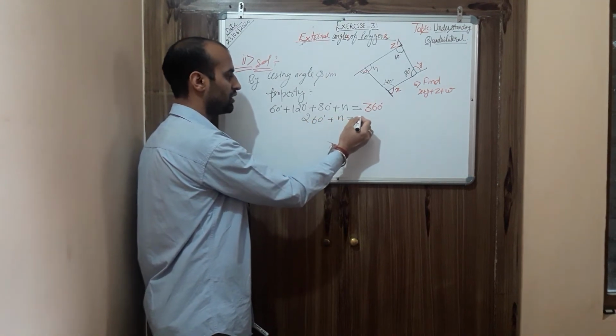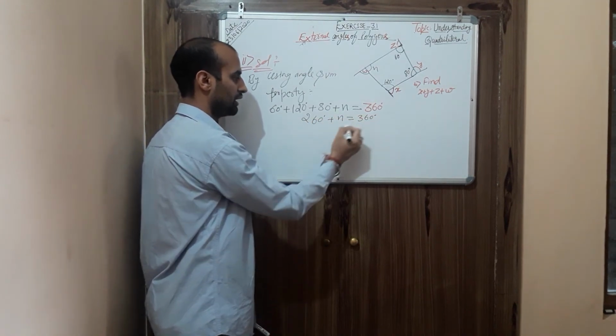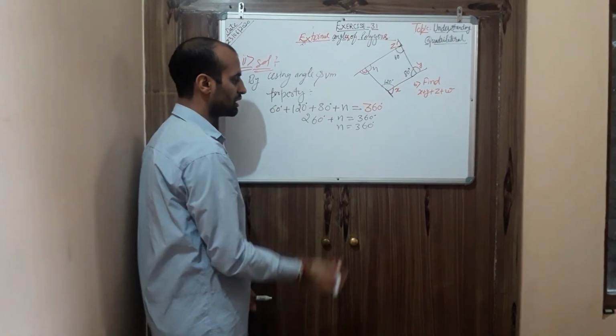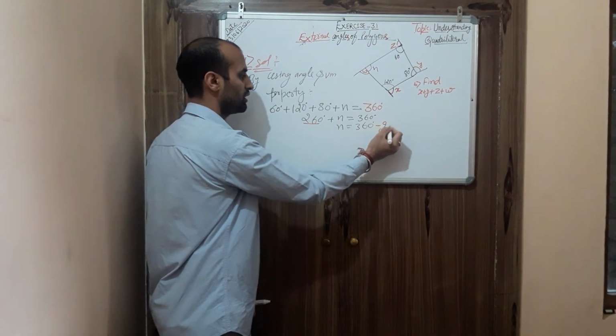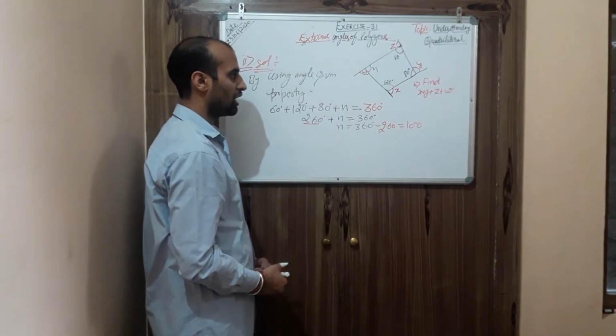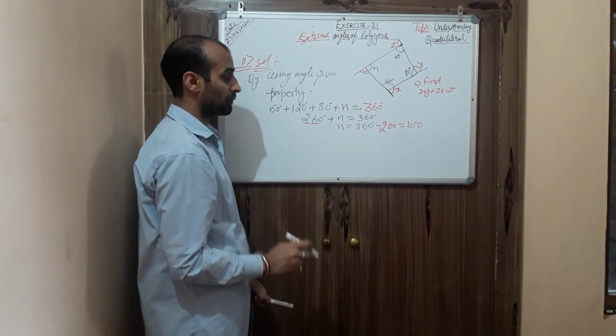So n plus 260 is equal to 360 degrees. Now you need to shift this 260 to the other side, so it becomes 100 degrees. So now you have the value of n also.